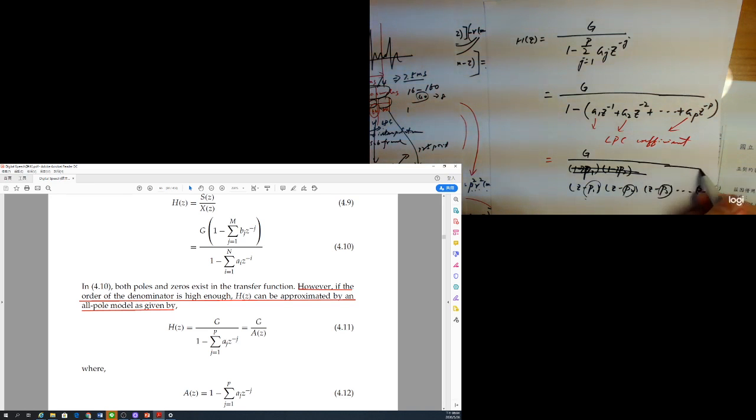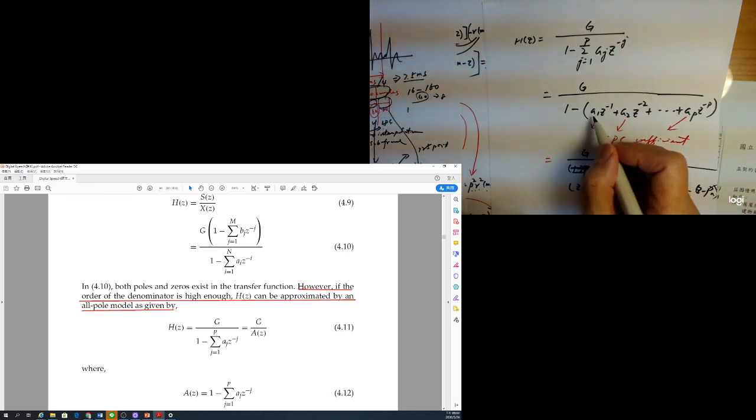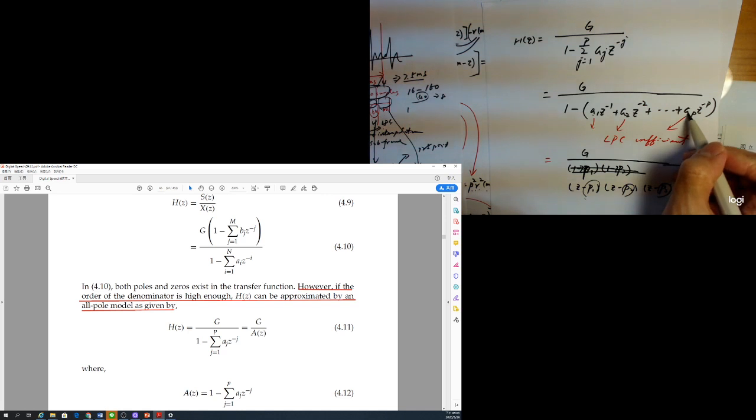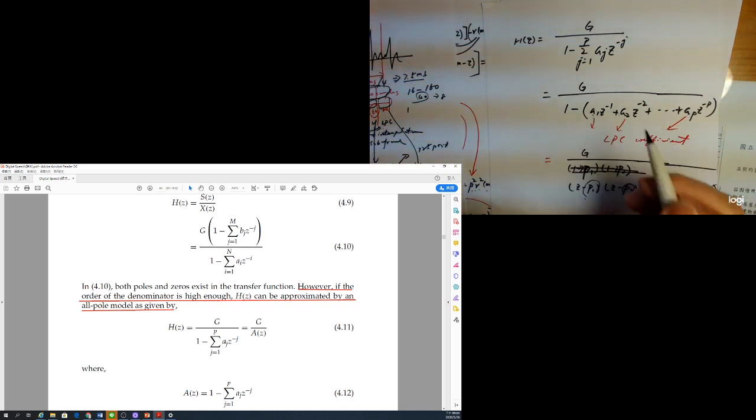It's not like this equation. What we have is the polynomial equation coefficient. It's not a pole of the open model.